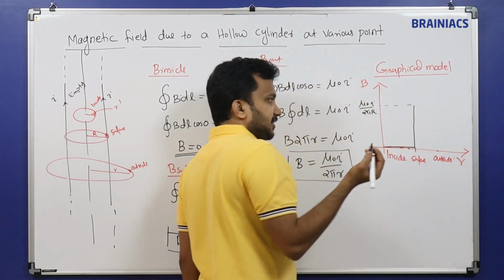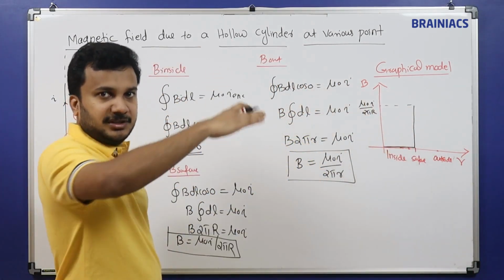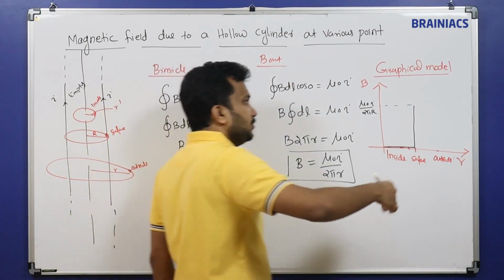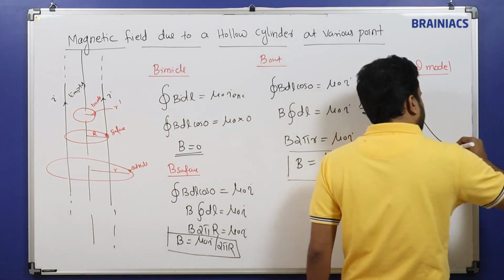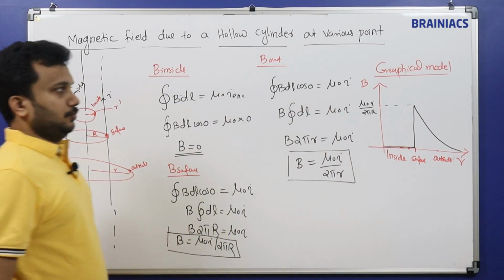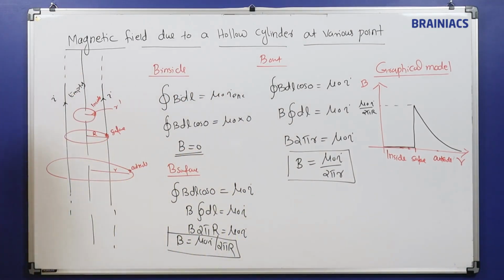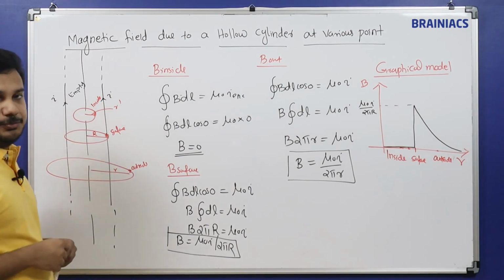As I told in the last topic also, it is not reducing in a straight way. It reduces in a parabolic shape, tending to 0. This is the graphical model of the magnetic field due to a hollow cylinder at various points.